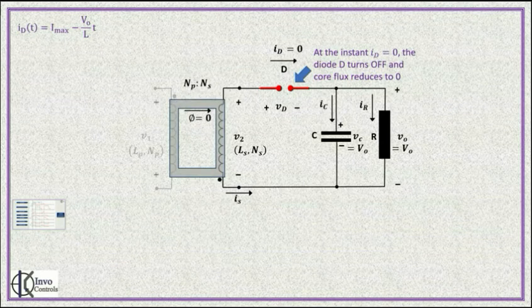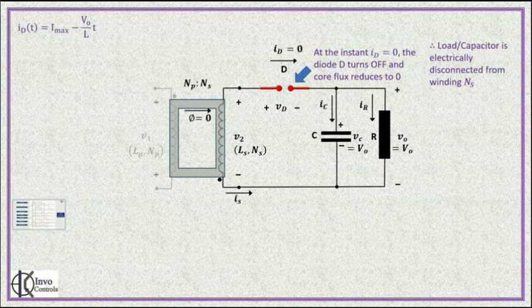Since the diode is off now, the load capacitor circuit is electrically disconnected from the secondary winding. Hence, the voltage across the secondary will be 0. On this account, the voltage across the primary will also become 0.